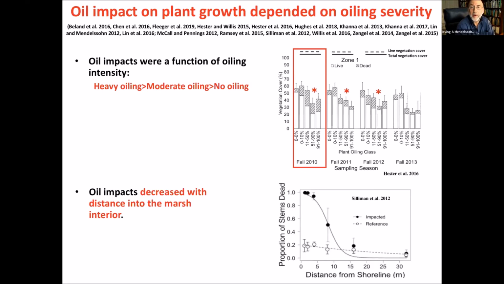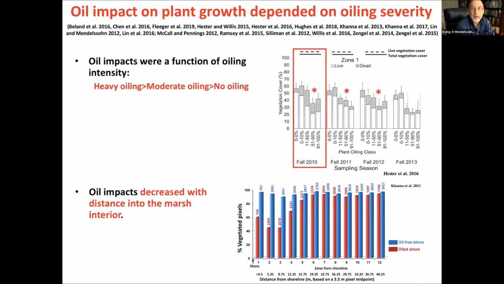Oil impacts were also dependent on distance to the shore-water interface, with impacts decreasing with increasing distance inland, as seen in this field study by Silliman et al. that occurred in Bay Jimmy. The negative effect of oiling decreasing with distance inland was also shown in this remote sensing work by Kokaly et al.